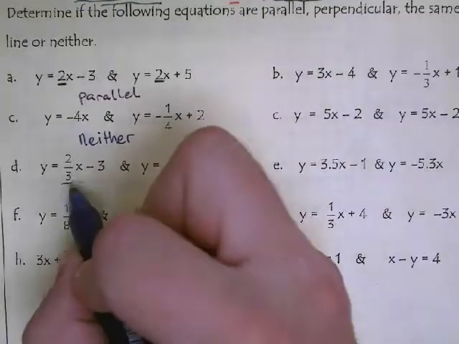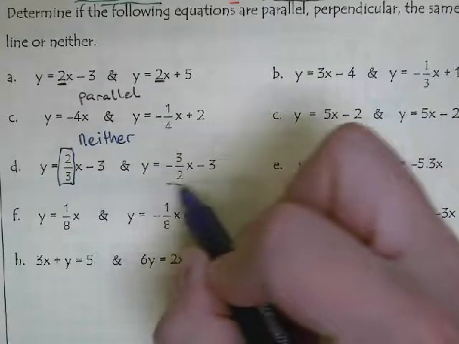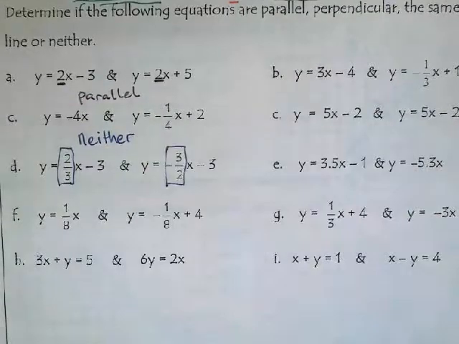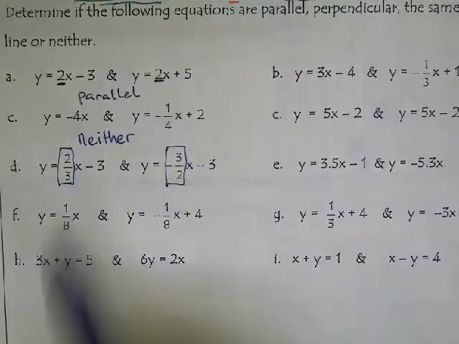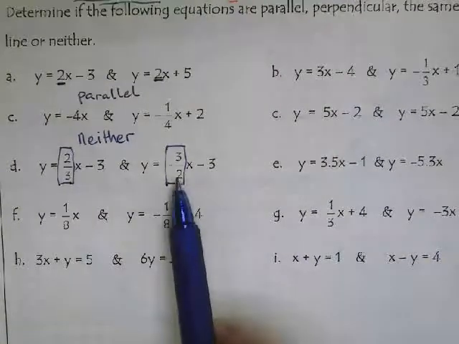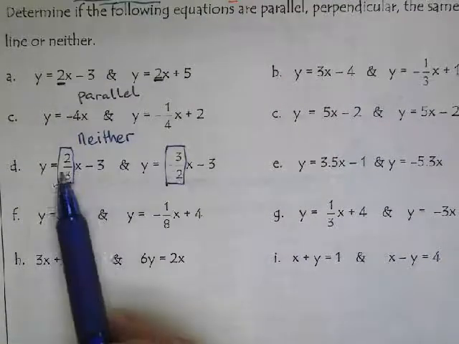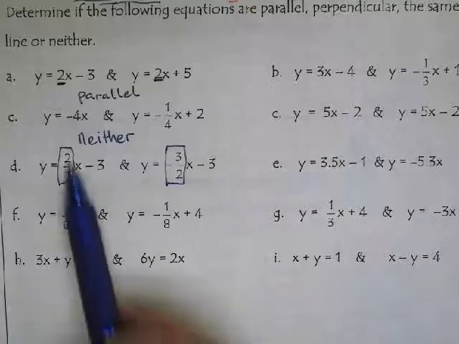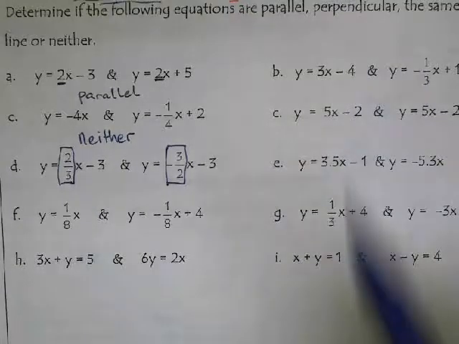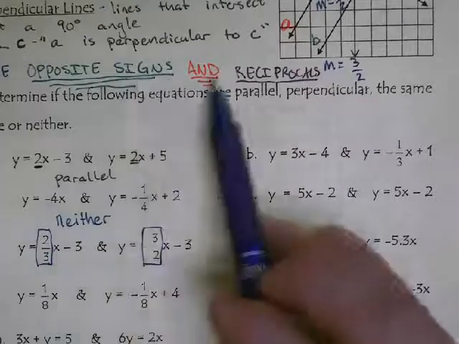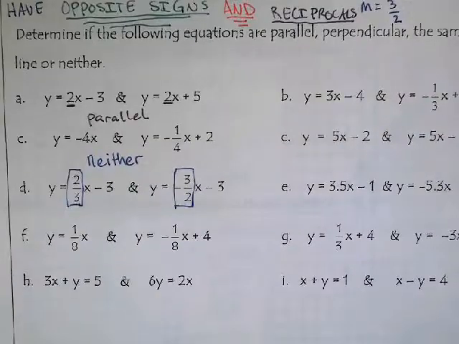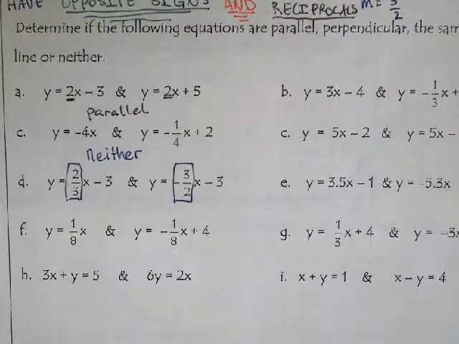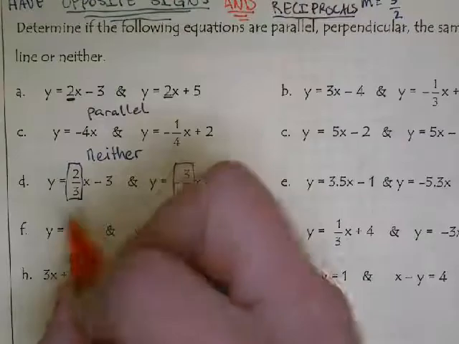Remember, I'm always looking at the number that's directly attached to my x, my coefficient of x. And we have opposite, 2/3 and -3/2. They're opposite, positive and negative, and they're reciprocals. So we have satisfied both opposite and reciprocals. So if we satisfied both, then we can say that they are perpendicular.